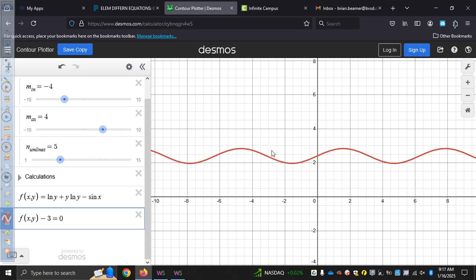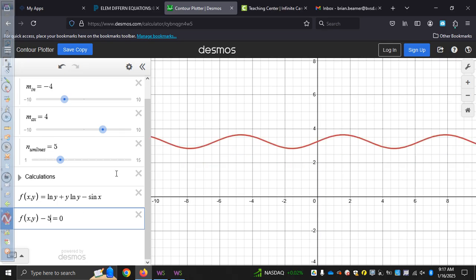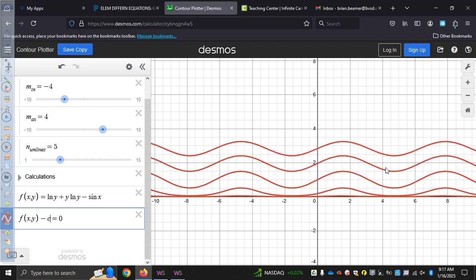And you can change your constants down here. So if we had 5, or we had 1, this is just for various values of c. So those are what our solution curves would look like. It's kind of interesting that the sine x kind of dominates.